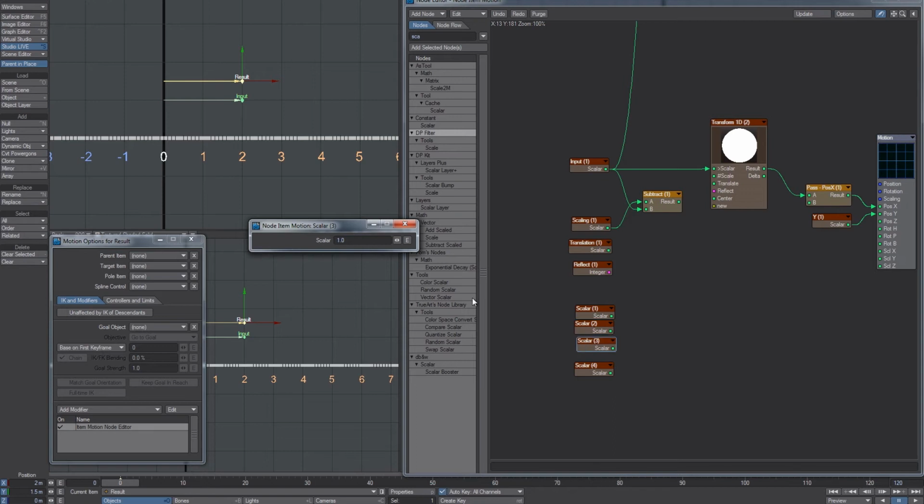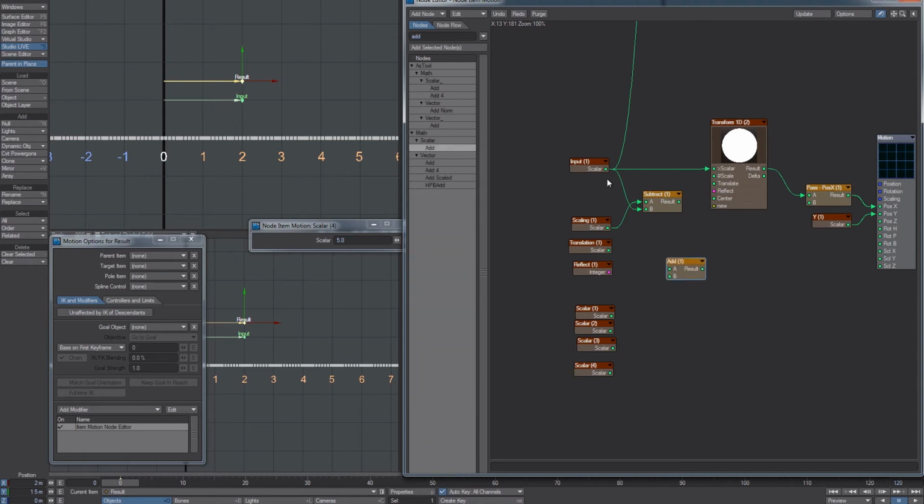So this one will be 2, this one will be 3, this one will be 4, and this one will be 5. And I'm going to need an add node and 2 subtracts. So I'm going to do the additive example. So 2 minus 3 plus 4 minus 5 will be equal to minus 2. Okay, but if I change the order of this, I'll get the opposite value. In this case, I get 2. Or if I change the order here, I'm going to get a completely different output.